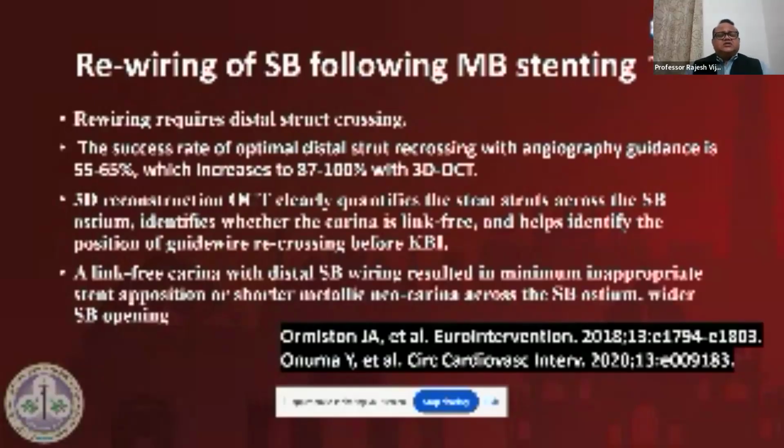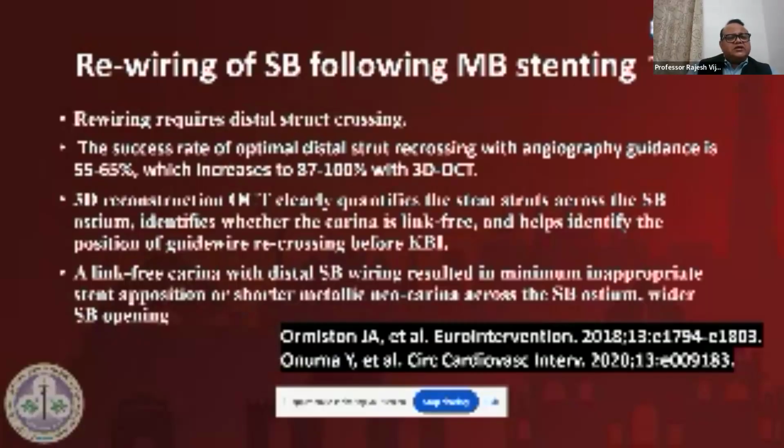And this is the 3D reconstruction of the OCT, which nicely defines at which site you are crossing across the bifurcation point, whether it's distal or proximal. It's very important to look for a link-free carina at the bifurcation point, just to have less metallic neocarina when you are going into left main bifurcation stenting or provisional stenting from left main to LAD. This also helps to have a wider side branch opening.